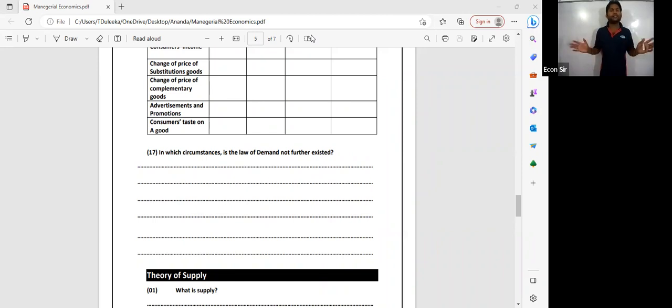Nothing to do with consumption. Right? They have enough goods, but they are purchasing some other goods also because why? They want to show their status to the society.